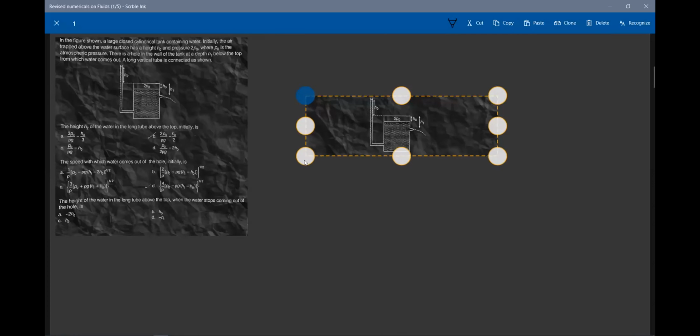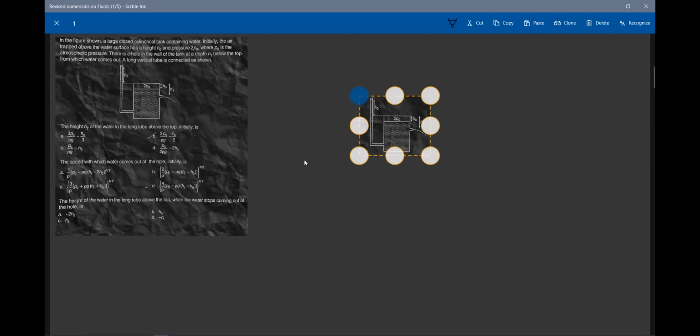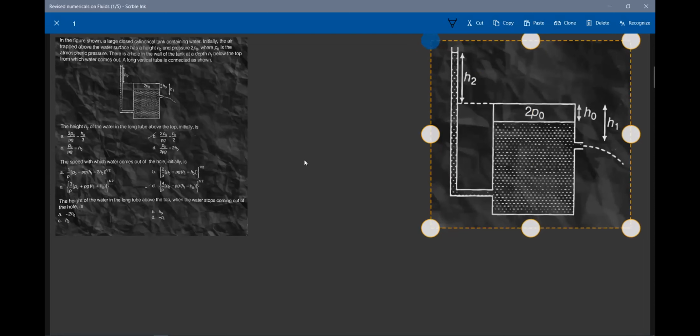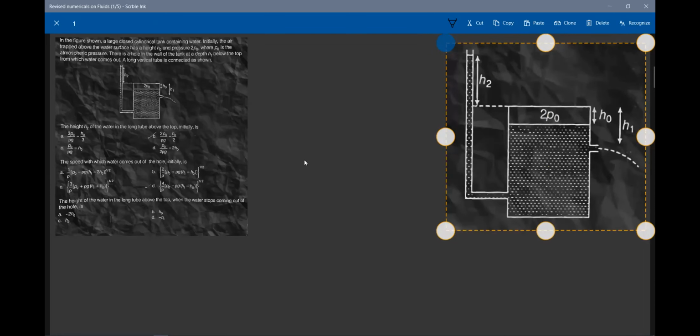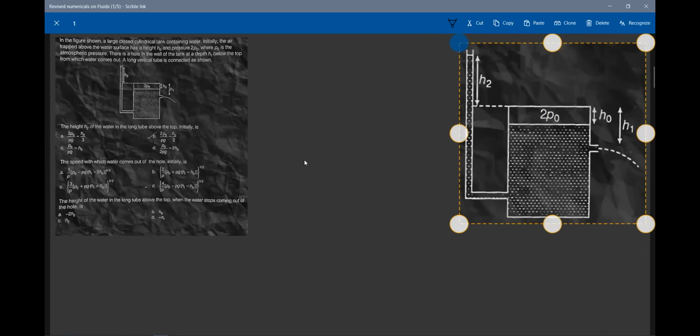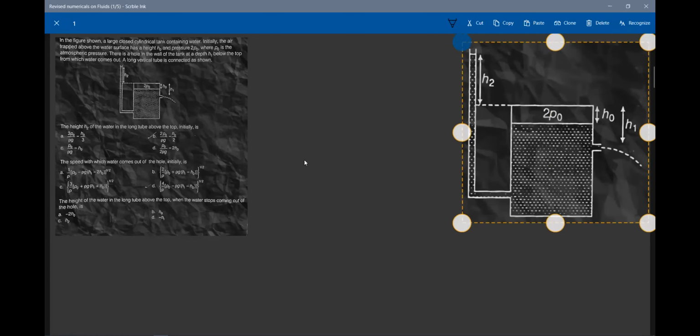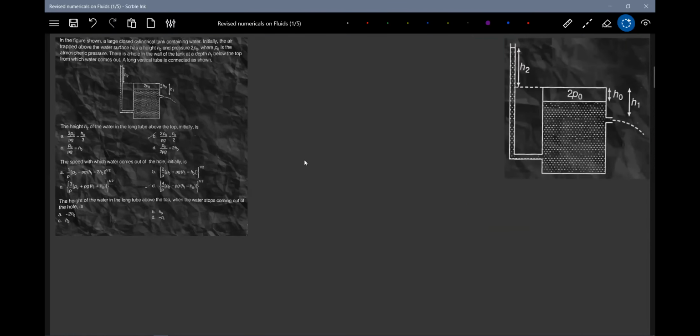Let me have only the diagram. Okay, looking at this diagram, there is some air present here, and the rest everything is a liquid.